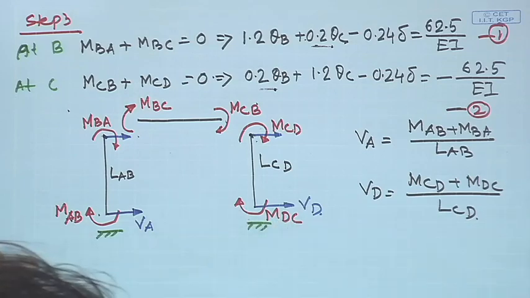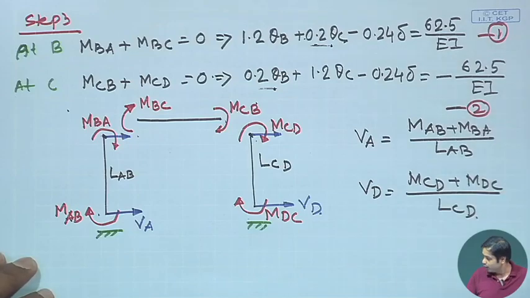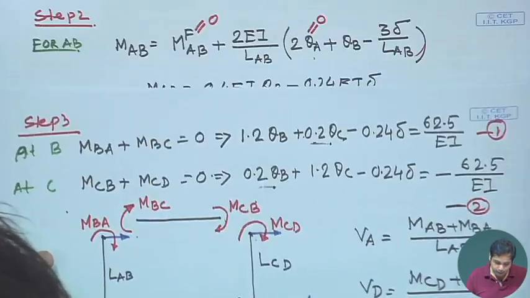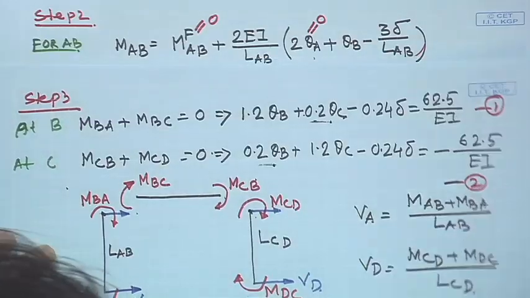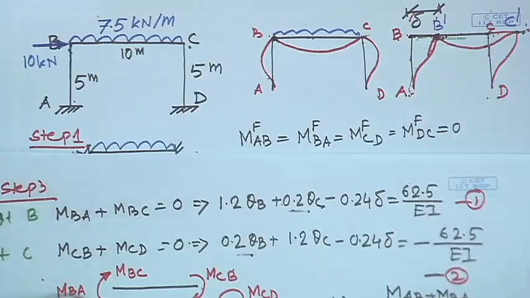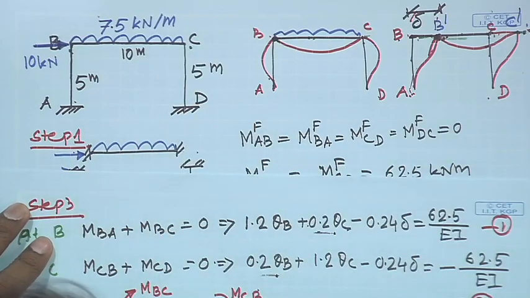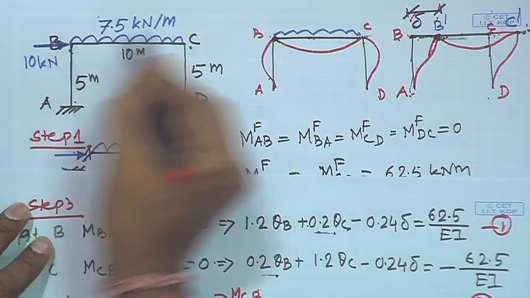Now, if we look at the equilibrium of the entire structure, suppose this was the structure. Now draw the free body diagram of the entire structure.